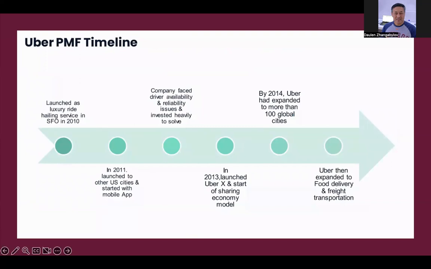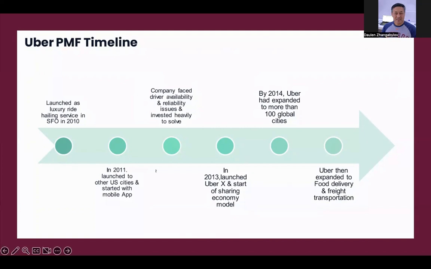They had a long preparation period, and they launched their business as a luxury ride service in San Francisco in 2010. I remember we spoke about that. The first idea was to have a luxury service for rich people.